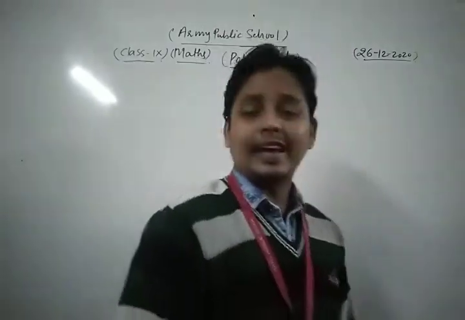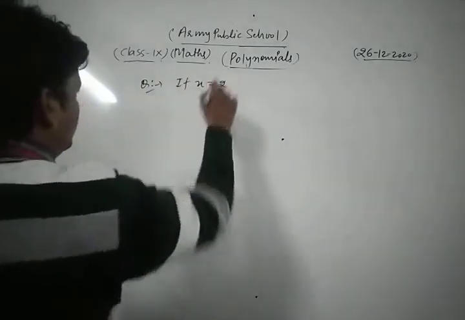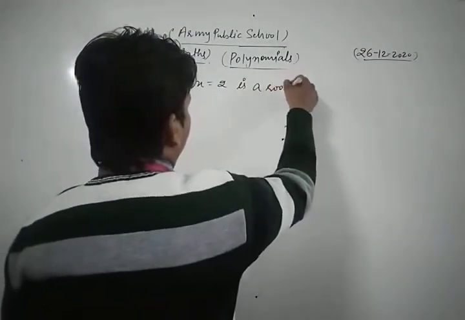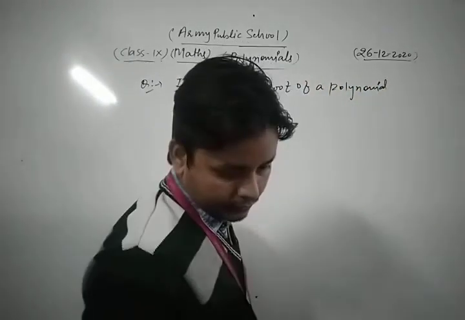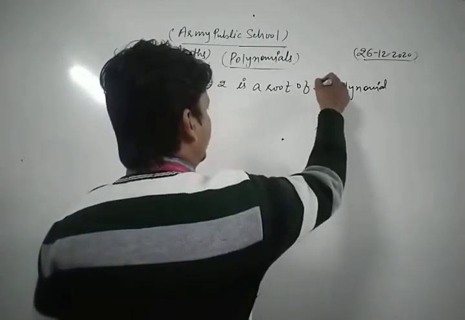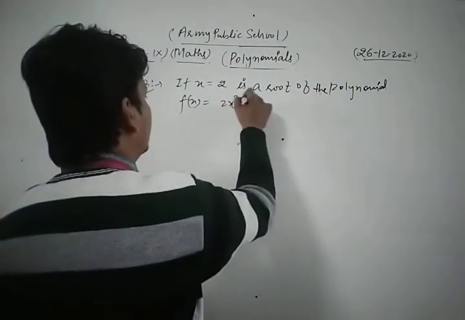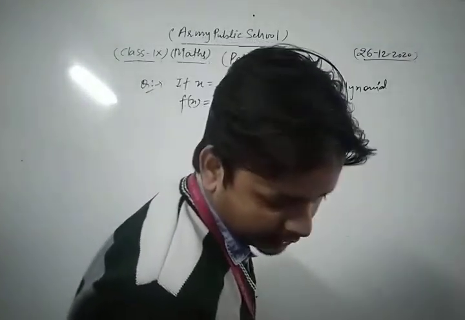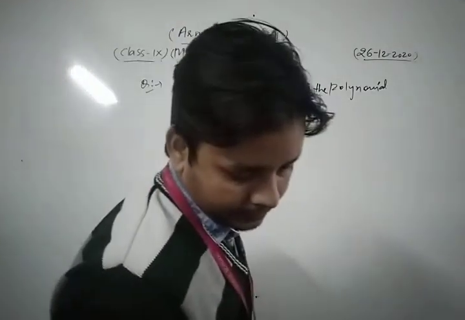Let's see, if x is equal to 2 is a root of the polynomial f of x is equal to 2x square minus 3x plus 7a.